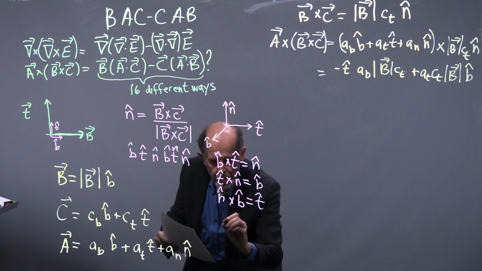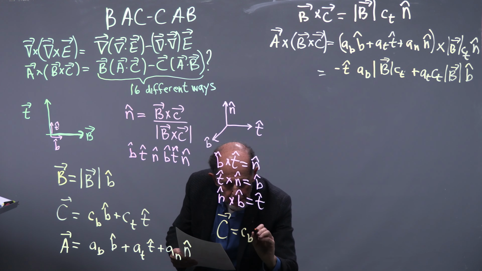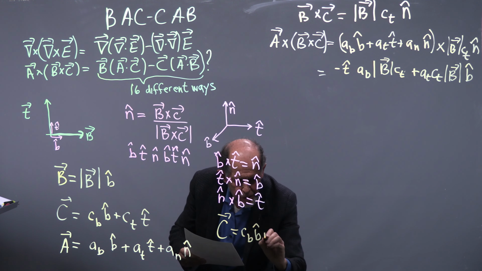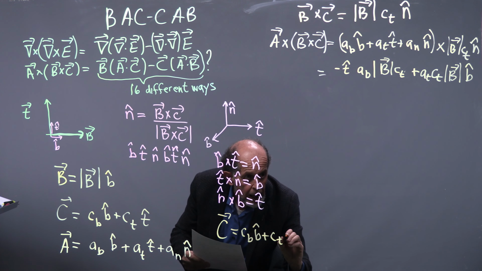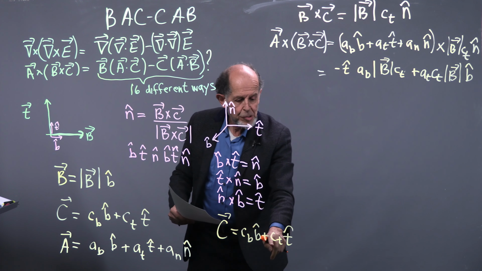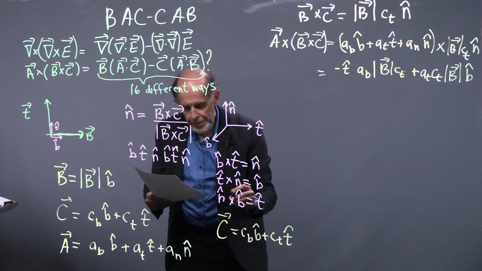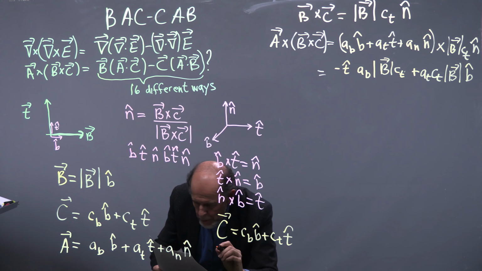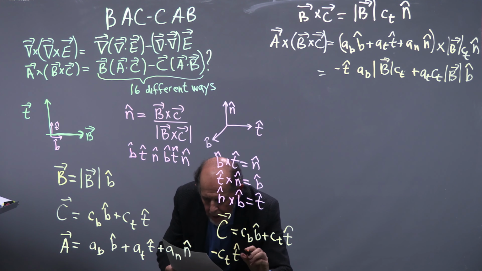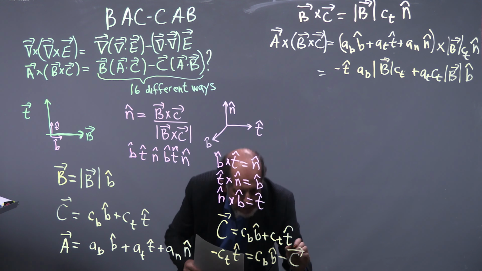We know that C equals CB hat plus CT T hat. So if we solve for CT T hat with the minus sign, what do we get? We get, just rearranging this with the minus, minus CT T hat is equal to CB hat minus capital C.